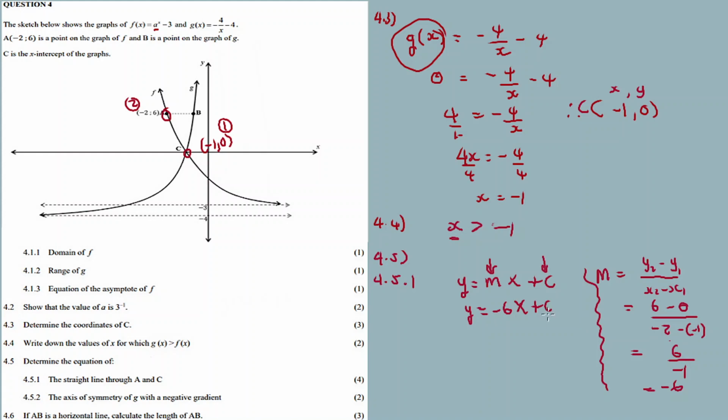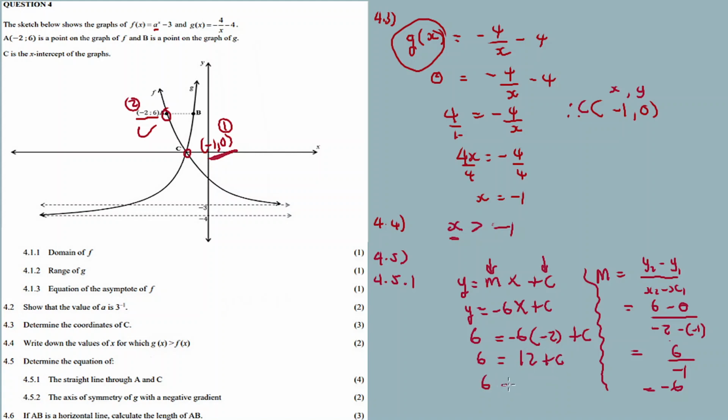Now we calculate c. I'm going to use this point to find c. You can also use point C to calculate the value. I'm trying to say it's up to you which point to use to find c. I will use this one. So y is 6, negative 6 times x which is negative 2, plus c. 6 is equal to negative 6 times negative 2, that is positive 12, plus c.